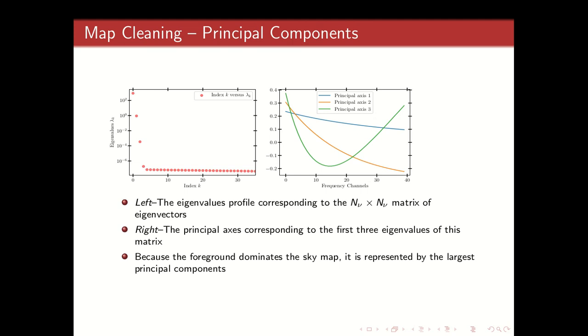Applying PCA to clean the maps and ultimately end up with the power spectra is equivalent to removing the first few principal components, principal axes 1, 2, and 3, and the features that correspond to these principal components make up almost 99% of the whole sky.